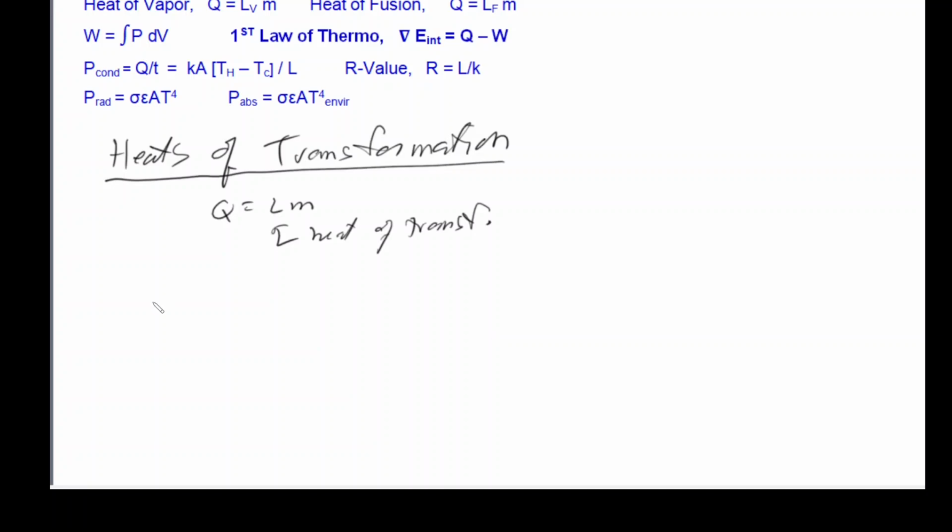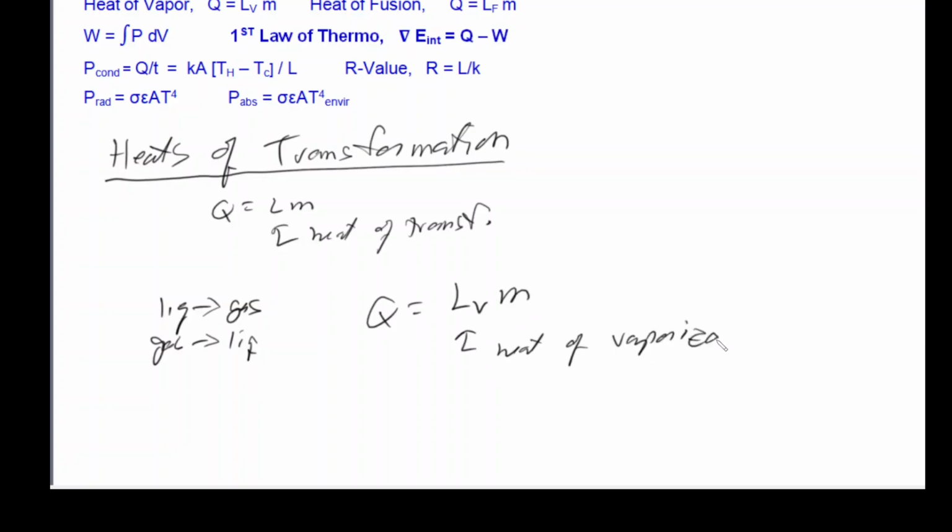So when you have a phase change from a liquid to a gas, or a gas to a liquid, we use the heat of vaporization. So Q is equal to L_V m, where that is the heat of vaporization, going to a gas or back to a liquid.